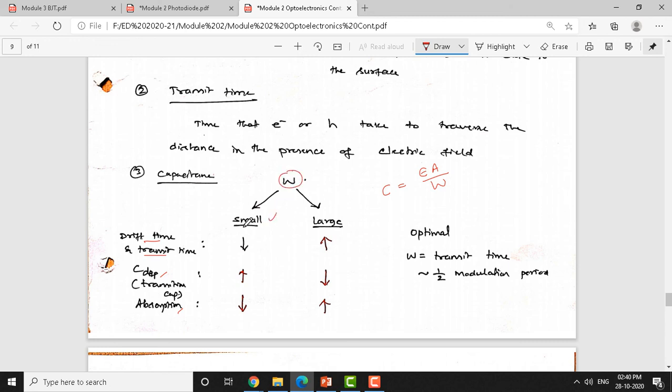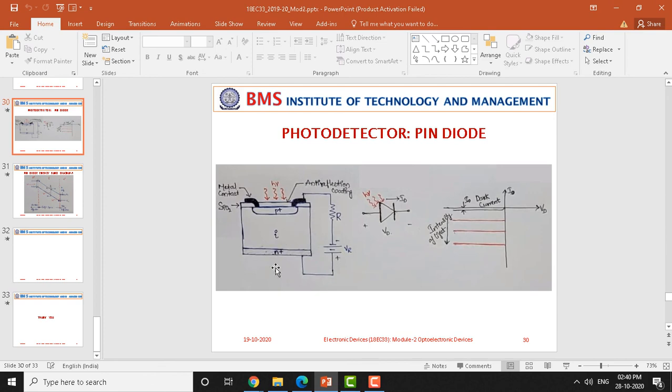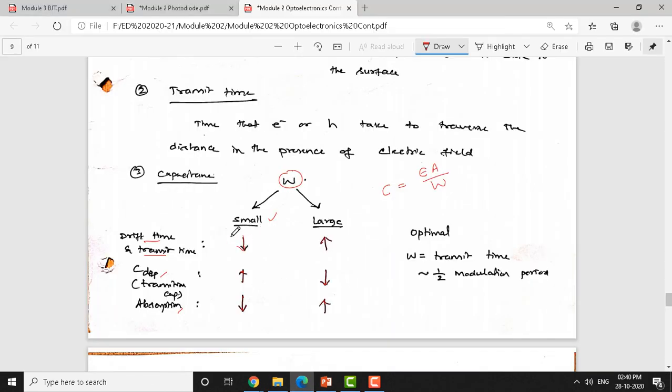In this case, if the depletion width is small, the transit time will be very small, because the distance covered between these two will be very less. Let us see the capacitance here. Since the depletion width is small, the smaller the W, the higher the capacitance. So depletion capacitance increases.